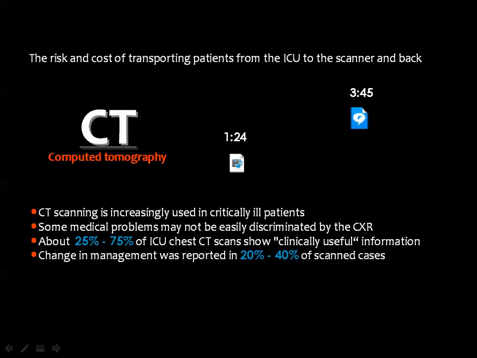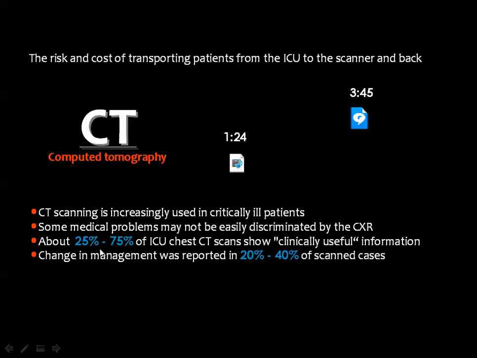Okay, then you know that this machine is designed for neurological studies, especially for the brain, but there are nowadays larger machines that can fit for the chest and the abdominal exams. And the CT is very important in evaluation of the ICU patients, especially under certain indications, as you can see here.